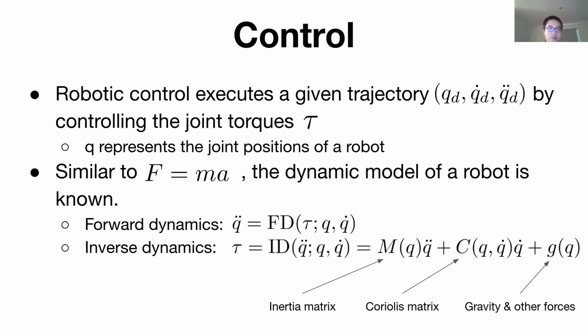The first term is similar to F equals ma, but here M is replaced with the inertia matrix. The second term only has effect when the robot has non-zero velocity. The effect is modeled by the Coriolis matrix. The third term summarizes effects of external forces, such as gravity.